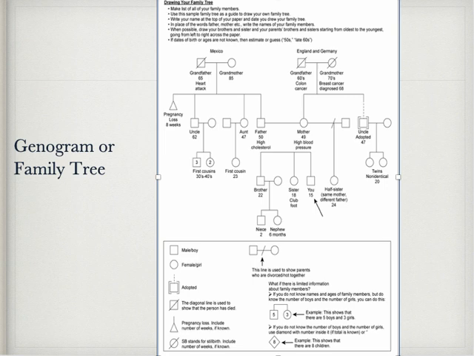And like I said, we don't typically draw out a genogram in a patient's chart. It's to get you thinking, who should I be asking about and what should I be inquiring about? So sometimes we'll look at their children. Another good example would be a hematologic disorder. That's actually a good one because sometimes those don't pop up.